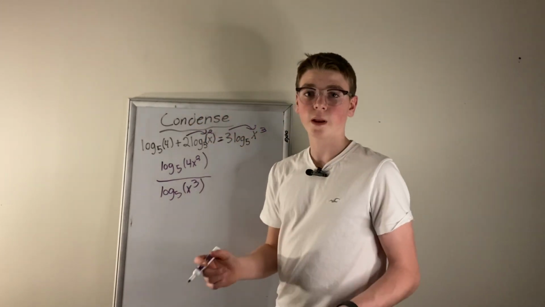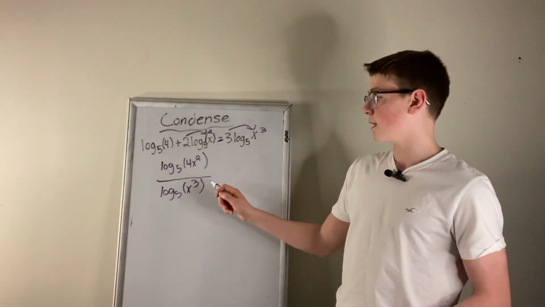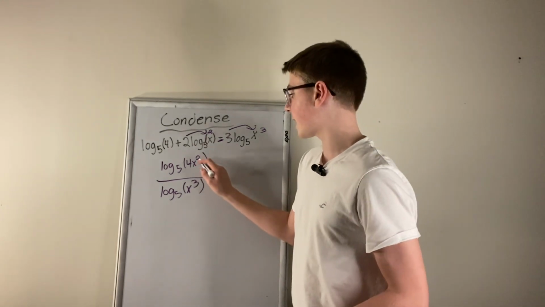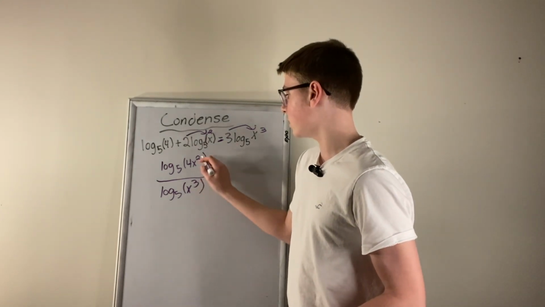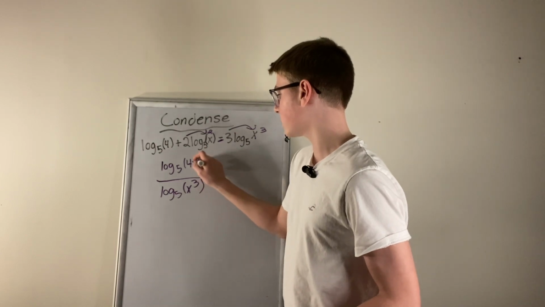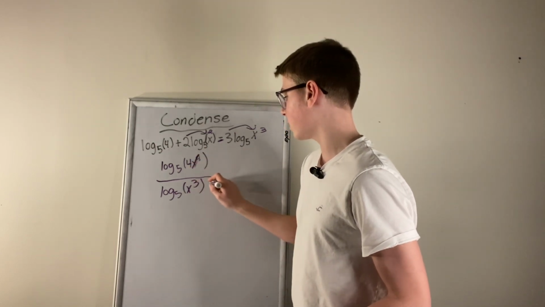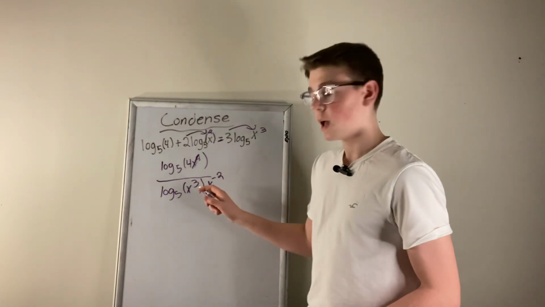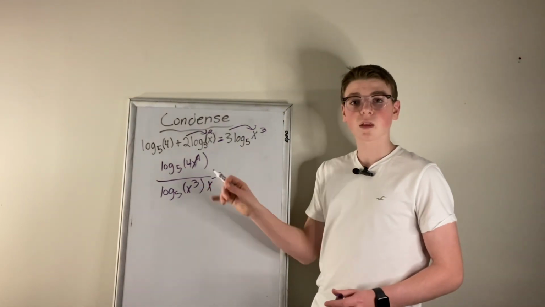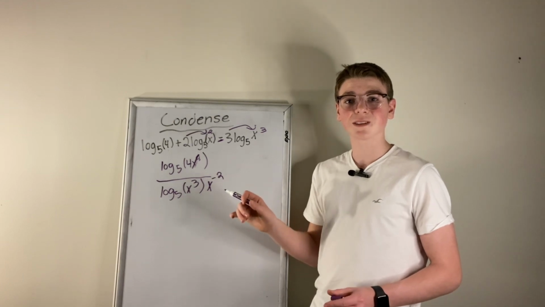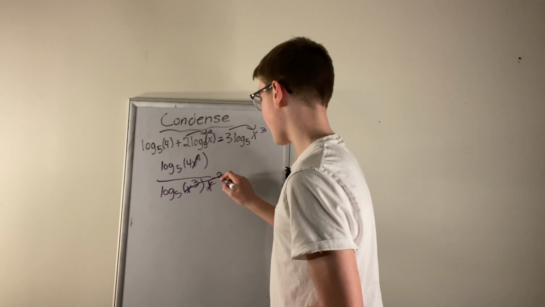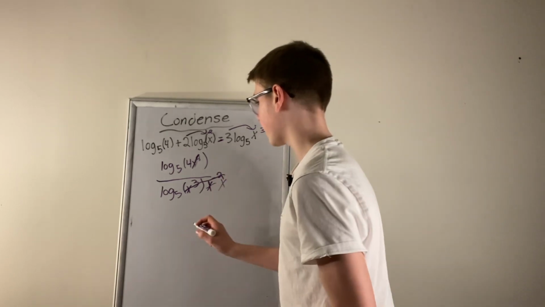Well, now what? I see x's here. That can be simplified. So this x squared and this x cubed, we're going to cancel that, subtract it. You could just move it down here, x to the minus 2, and x to the third times x to the minus 2 is just x. We're going to be left with x.